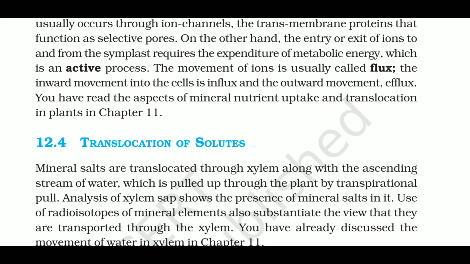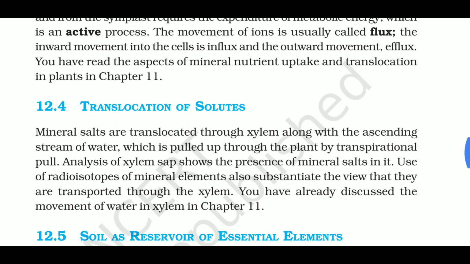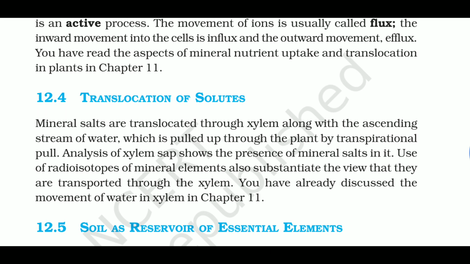On the other hand, entry or exit of ions into and from the symplast requires the expenditure of metabolic energy, which is an active process. The movement of ions is usually called flux. The inward movement into the cells is influx, and the outward movement we call efflux.